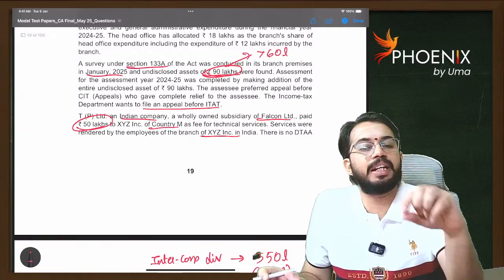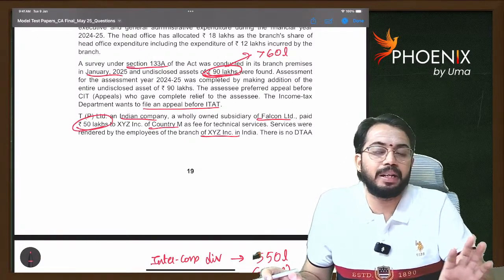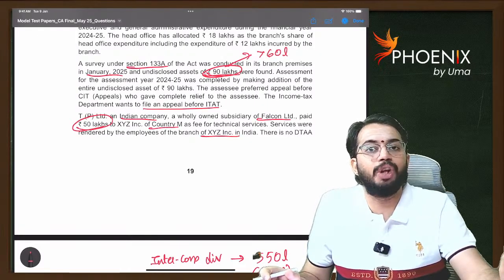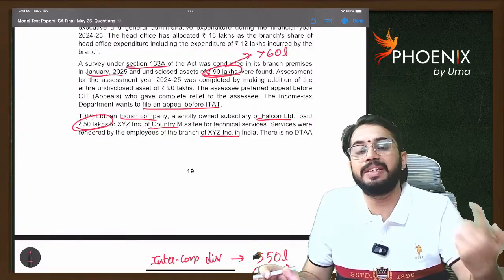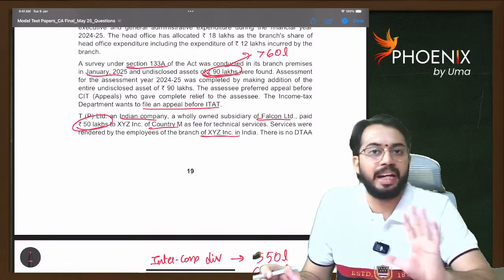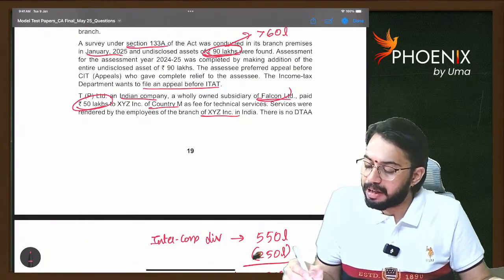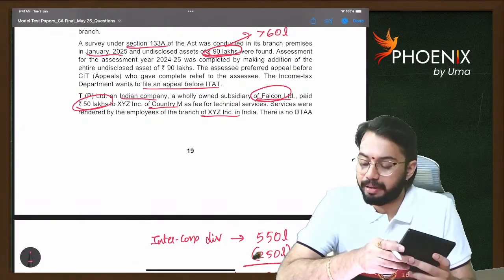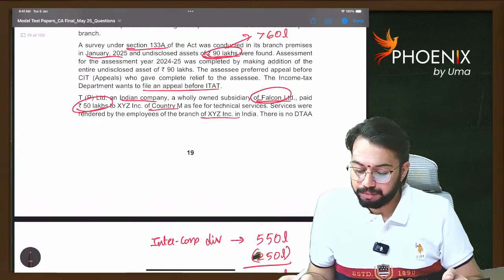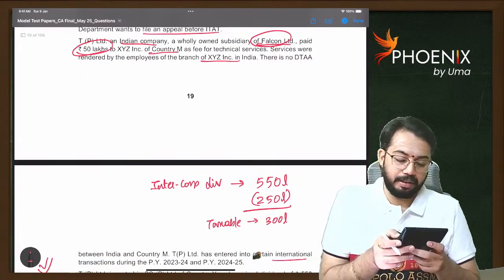See, if fees for technical services is as per the agreement approved by government, tax rate is 20%. Here, fees for technical services is not approved by government, so TDS will be deducted at rates in force under section 195. Okay, so how much? 50 lakhs. Falcon Limited is a foreign company, correct? Now, how much is the tax rate? 30%.